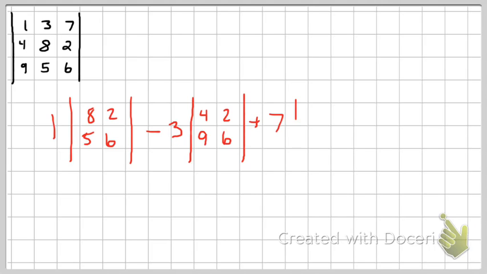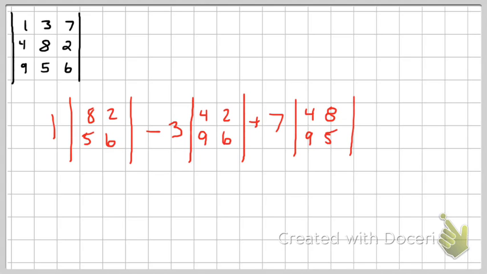Plus, Piggy, 7 times the matrix that is formed when you cross out 7's row and column, 4, 8, 9, 5. Now I want you to see if you can figure out what that equals.